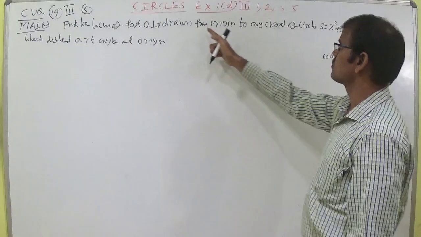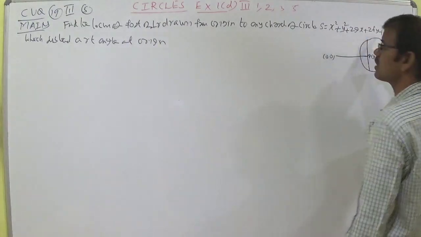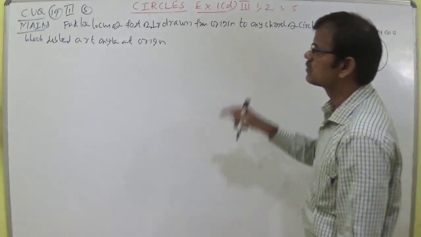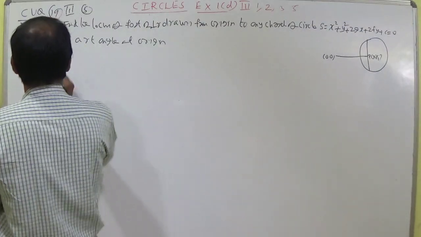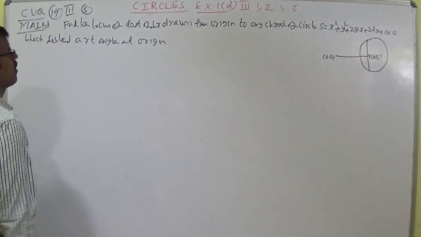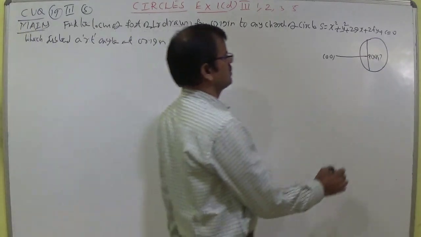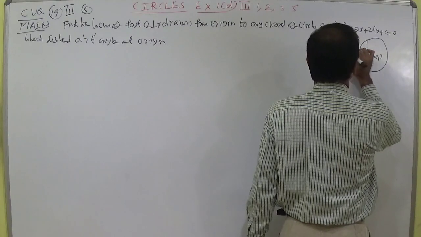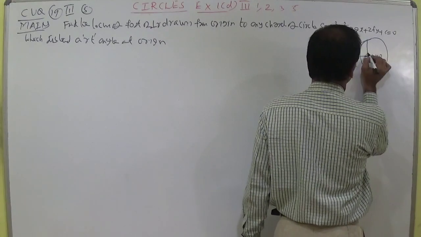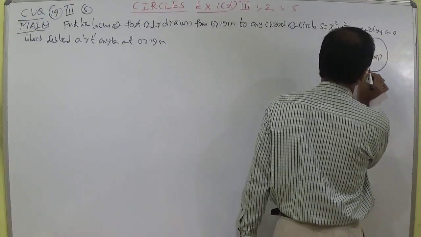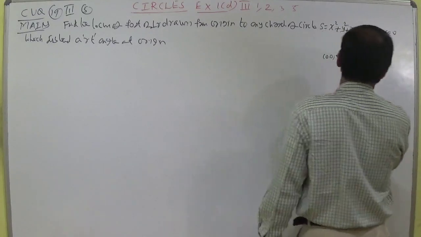Find the locus of foot of perpendicular from origin to any chord of circle which subtend a right angle at origin. So this chord is making a right angle.